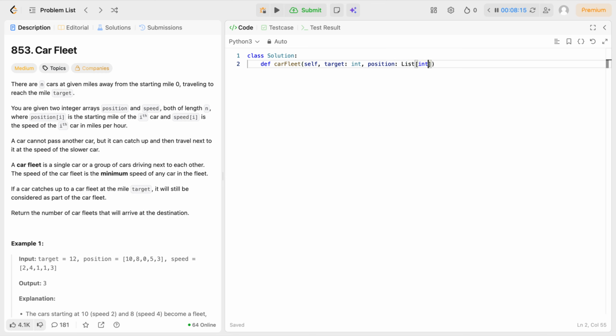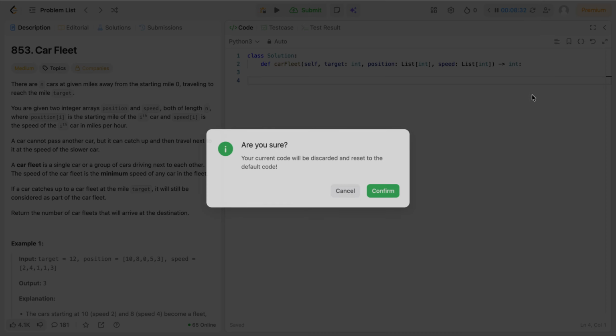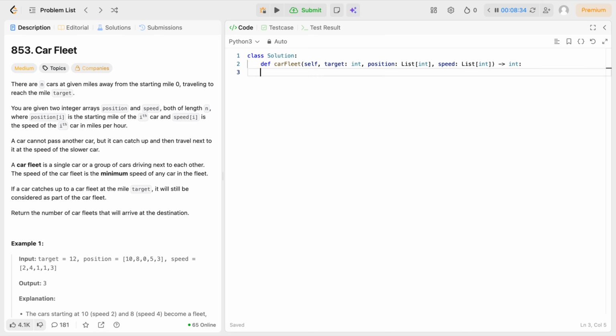Position would be a list of integers, and speed also being a list of integers. And then we want to return the number of car fleets, so we have an integer like that. Beautiful, yeah, that's the exact same.